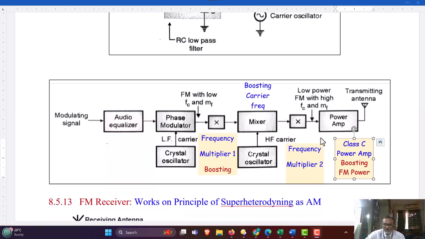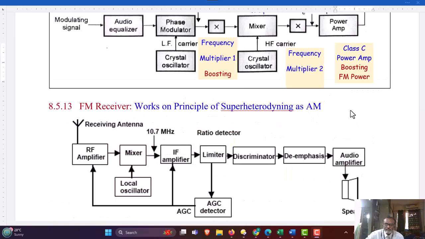Most of the time these power amplifiers are class C amplifiers with a tuned circuit at the output, and then the high power FM signal generated by the amplifier is connected to the transmitting antenna. So that was, in short, the FM transmission system.